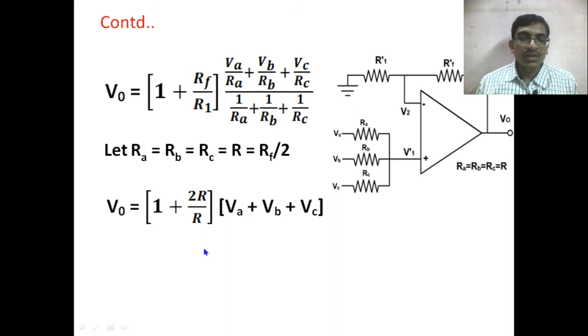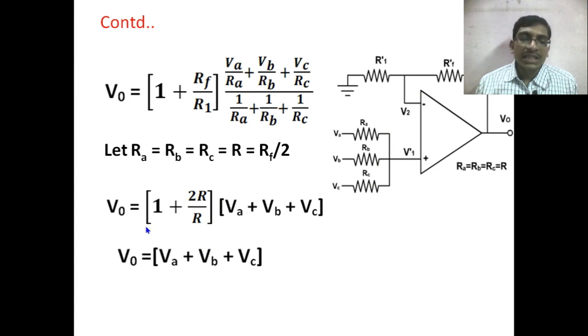1 plus 2 is equal to 3 here, and in this equation, RA is equal to RB is equal to RC is equal to R. Therefore, we can take 1 by R common from the numerator and 1 by R from the denominator. Both will get cancelled.